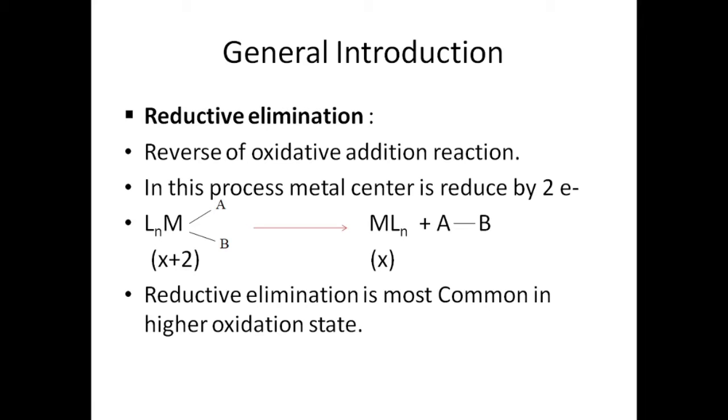by 2 units. It means a gain of 2 electrons in its d orbital, and its oxidation state is decreased by 2 units. The number of ligands is also reduced: one A ligand and another B ligand, and these two ligands are removed as a molecule, the AB molecule.